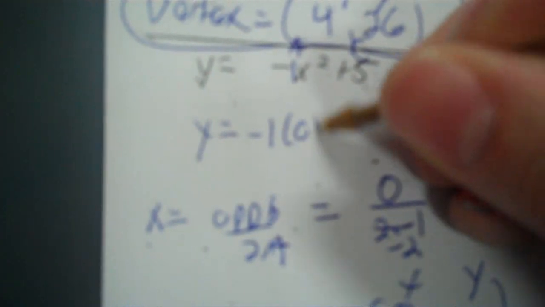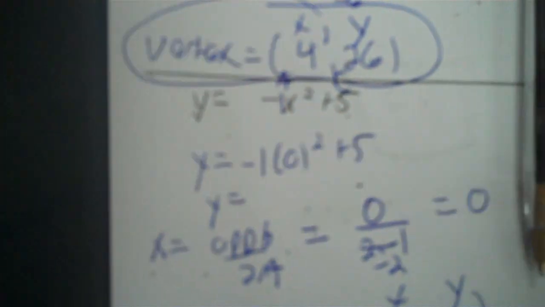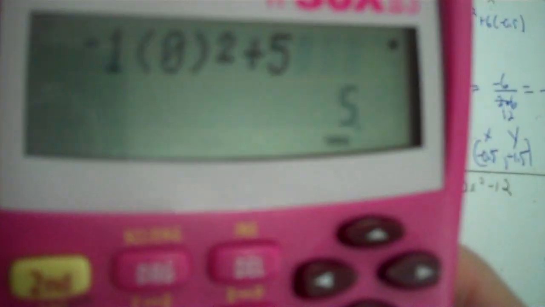So then we would take 2 times negative 1, and that's negative 2. 0 divided by negative 2 is 0. So 0. Now I substitute 0 in for x, the only x I have. That will give me what y equals. 5. Okay. By the way, if you end up with x of 0, it's always going to be your c right there.